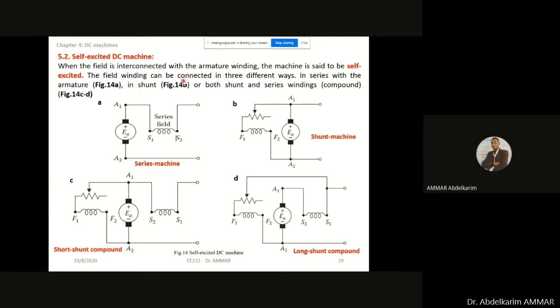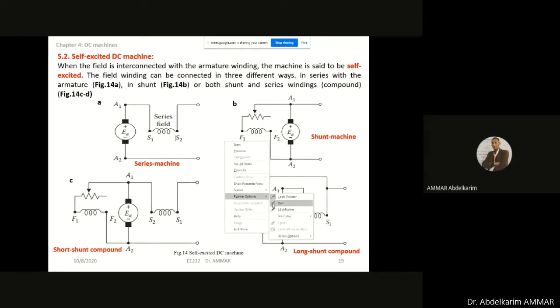The field winding can be connected in three different ways. In series, we can see the field winding connected in series with the armature. In shunt, which means parallel, the field winding is connected in parallel.